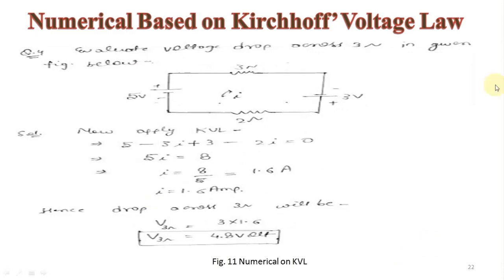So we find out the voltage drop across the 3 ohm resistor. In the same manner, we easily find out the value of the voltage drop by applying Kirchhoff's voltage law. If you know the sign convention, always keep in your mind that when the current flows from the negative side of a battery to the positive side of a battery, the sign convention is always positive because there is a rise in potential.